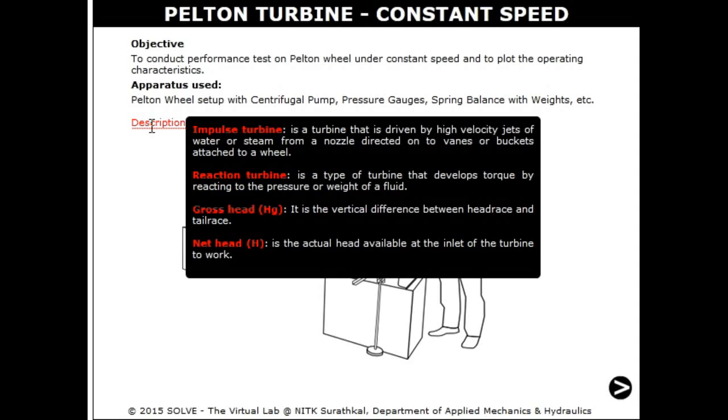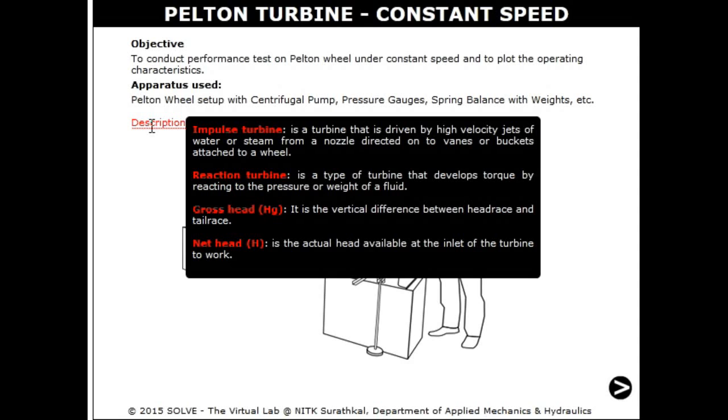What do you mean by impulse turbine? What is reaction turbine? What is gross head? What is net head? We can see that the Pelton wheel is an impulse turbine. It's not a reaction turbine. That means it's a turbine that is driven by the jet velocity, or in the case of steam turbines, the high velocity steam which has more kinetic energy than pressure energy that impacts on the buckets to generate the power.